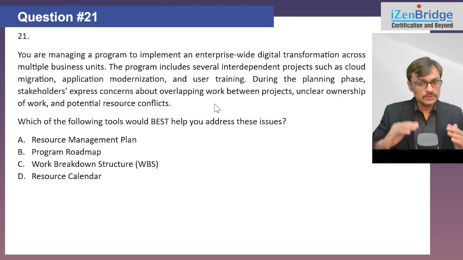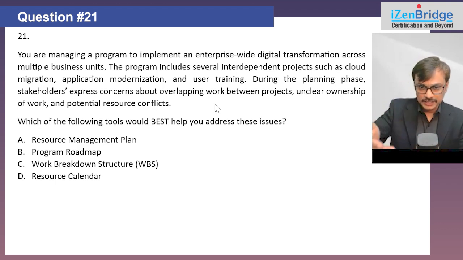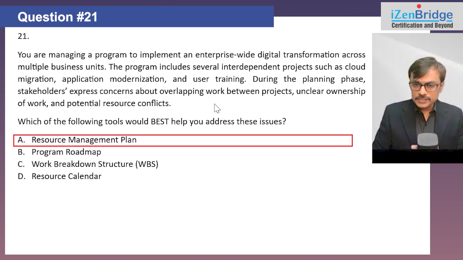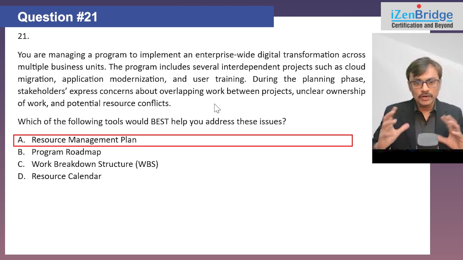So I need to find out the last two lines, things get handled by which particular tool in the options. Option A, resource management plan. I would say resource management plan is more about how do I acquire, how do I train, how do I manage, how do I release resources. It's overall onboarding and taking care of physical and human resources.